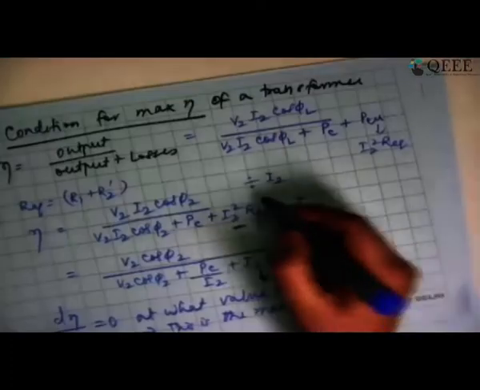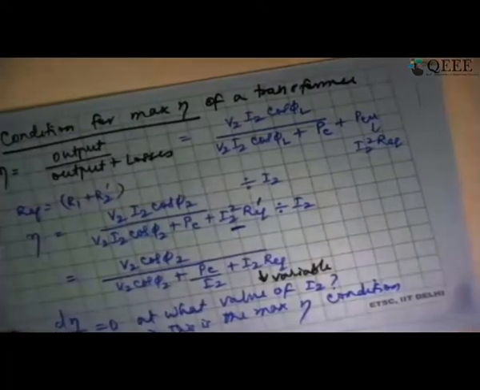The question is, in the previous sheet I wrote I2 square but took R equivalent with respect to primary. What you say is right, I agree. I could have written this as R equivalent dash rather than R equivalent. Either way, it doesn't matter.